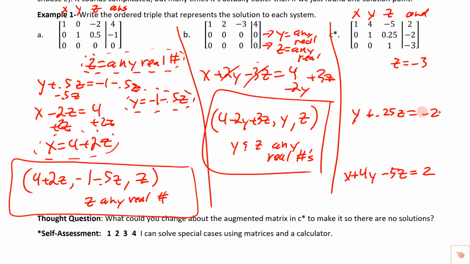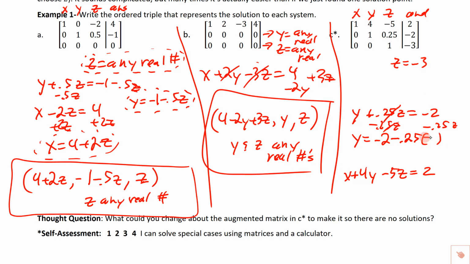So let's solve this like we did on the other one. I'm going to subtract 0.25z. Those are going to cancel, so I'm going to get y equals -2 minus 0.25z.